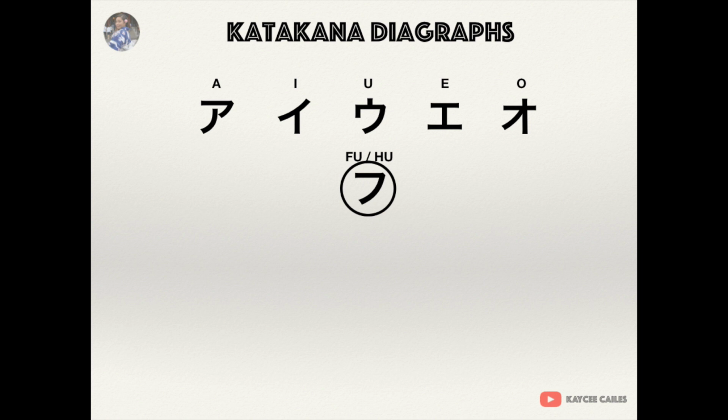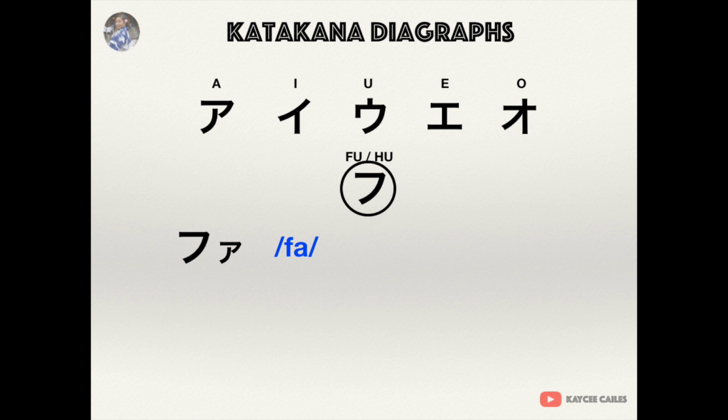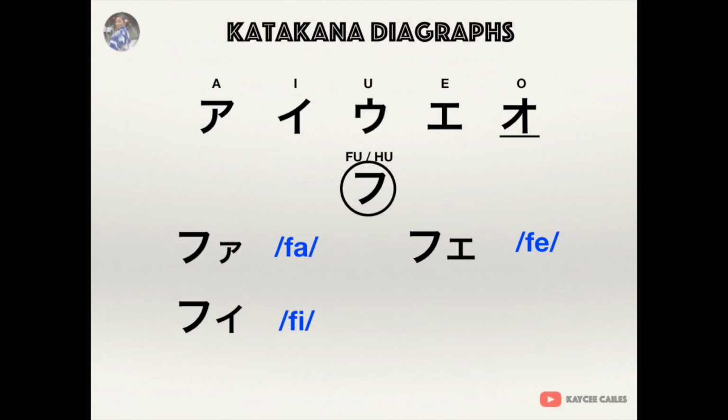Fu and a will produce fa. Fu and i is fi. Fu and e is fe. Fu and o will produce fo.